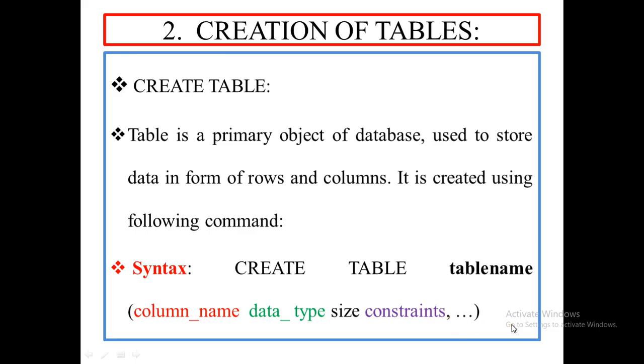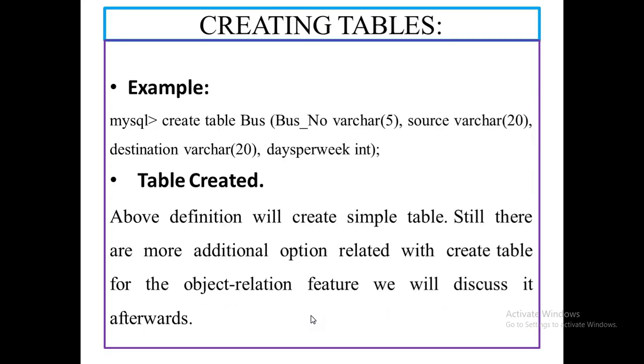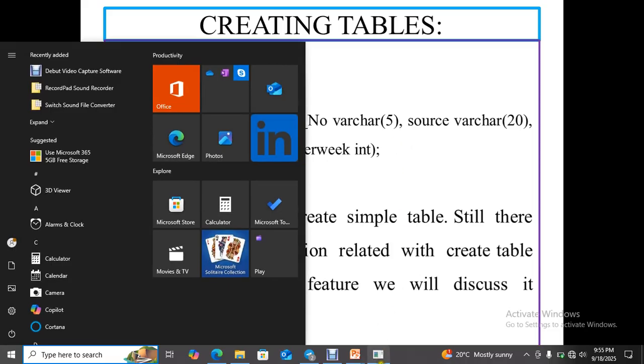When you create a table, you may say create table student, in brackets, and then the attributes are going to be listed here. For example, we can say create table bus, then bus number varchar, then source, and so on. Let me show you one more example.